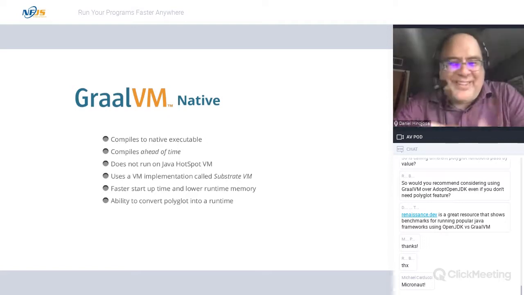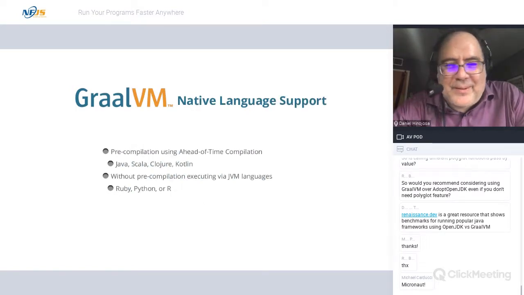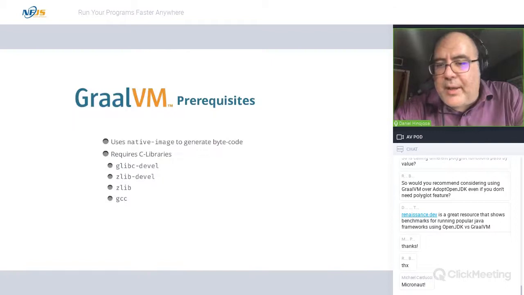All right, so let's talk about native compilation. Native language support: pre-compilation, ahead-of-time compilation for Java, Scala, Clojure, Kotlin; without pre-compilation, executing via the JVM for languages like Ruby, Python, and R. But let's take a look at how to get this going. It is kind of a pain at first.